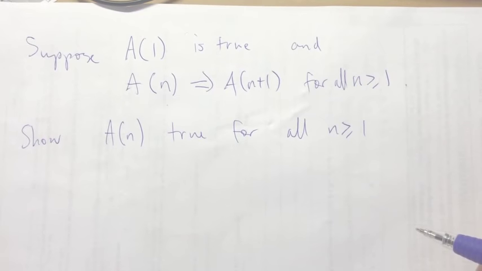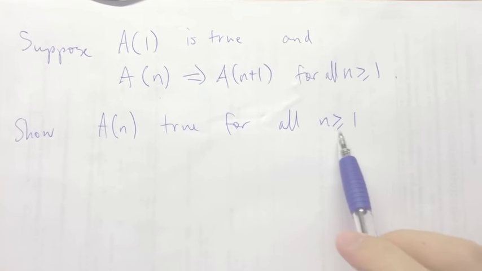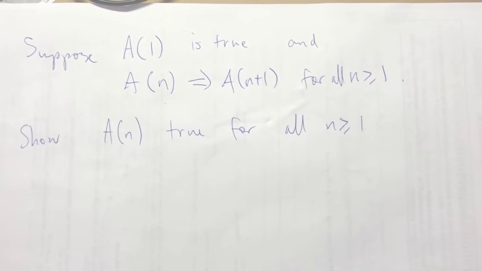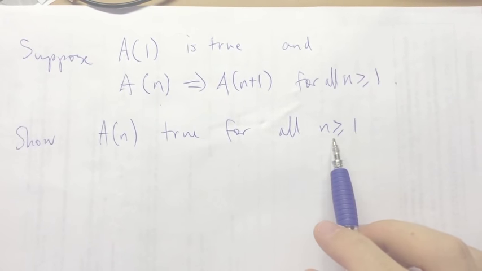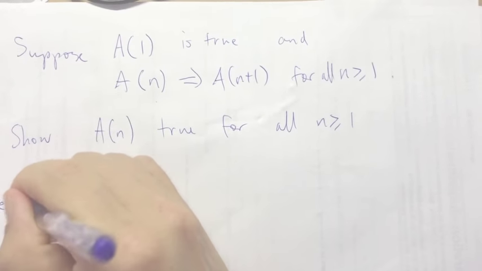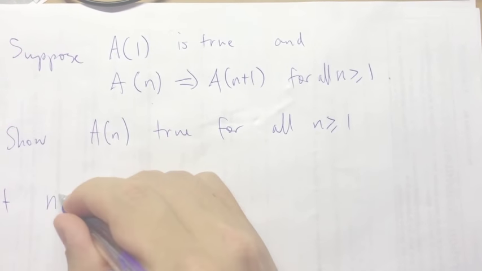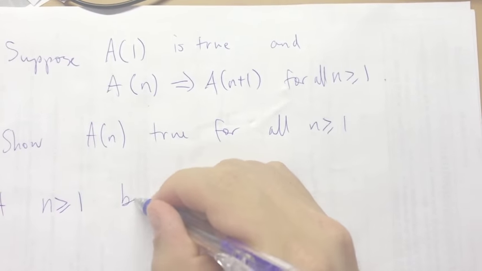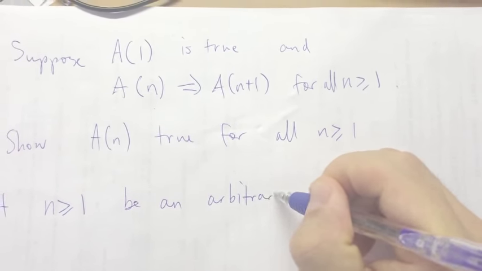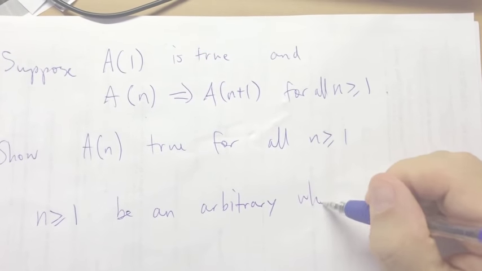If we want to show something for all n greater than or equal to 1, the logic will be to show it for an arbitrary fixed n greater than or equal to 1. So let n greater than or equal to 1 be an arbitrary whole number.